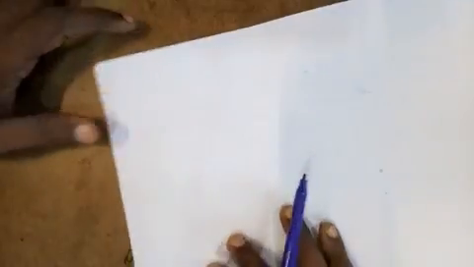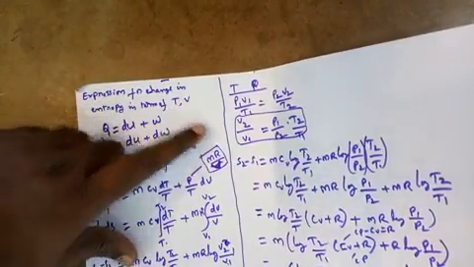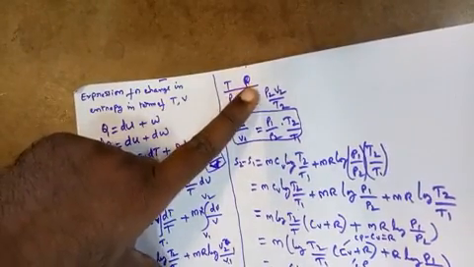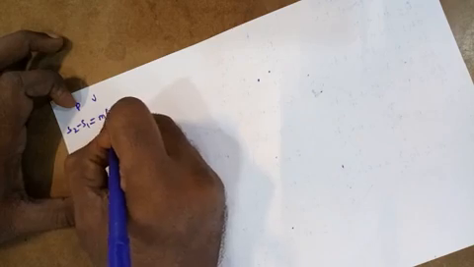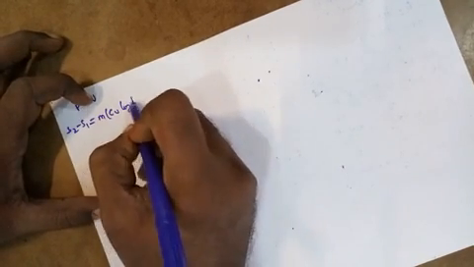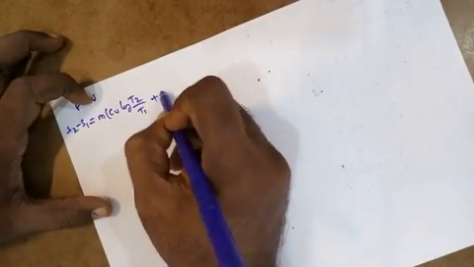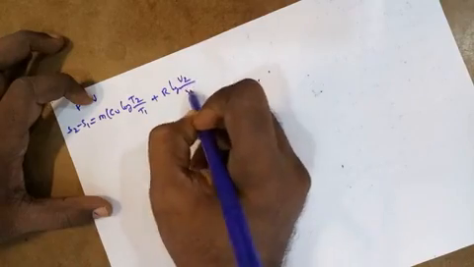After that, now we are moving to the derivation in terms of pressure and volume. You can write this equation, that is S2 minus S1 is equal to m Cv log T2 by T1 plus R log V2 by V1.